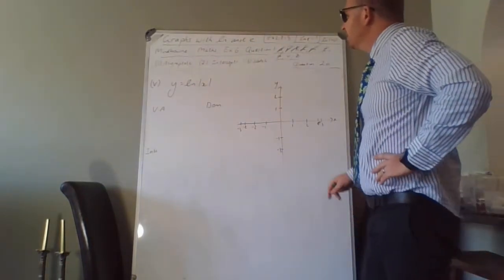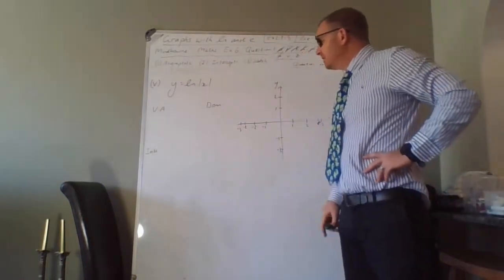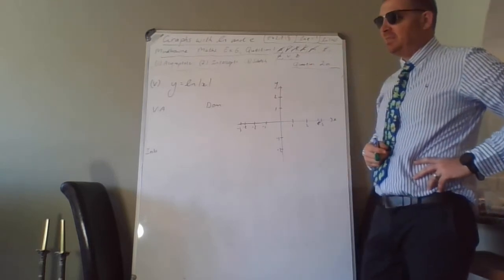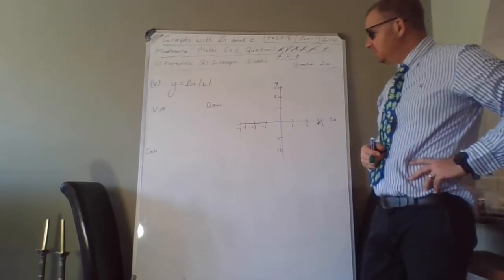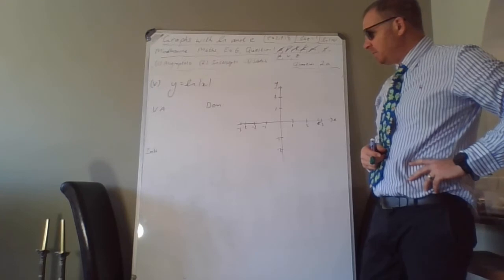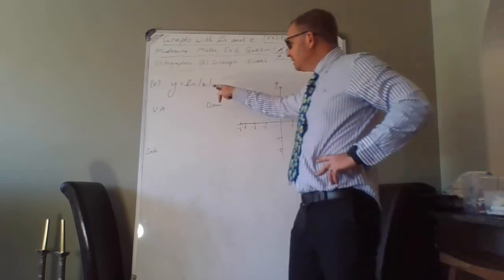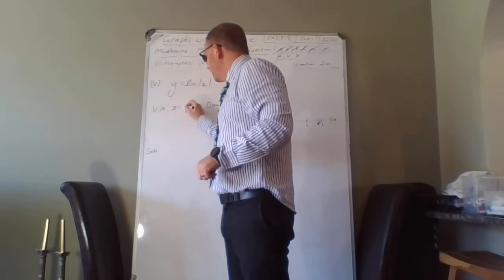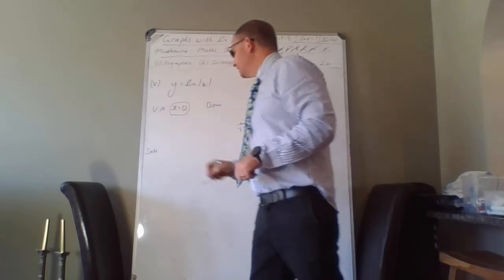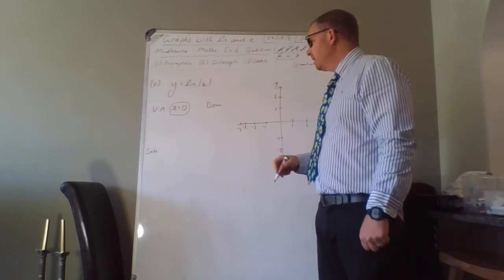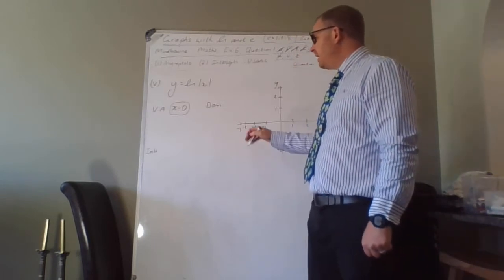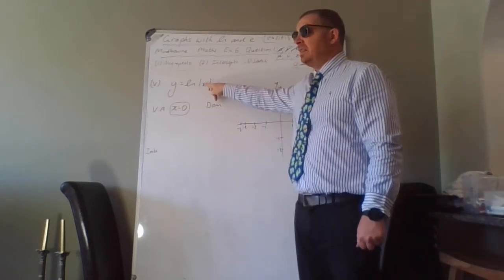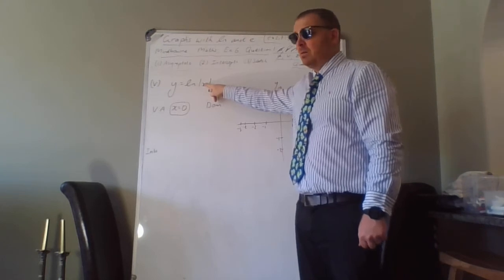So, the next one doing is V. Sketch y is equal to ln absolute value of x. Again, if you just look at the vertical asymptote and the domain, things become pretty clear. So the vertical asymptote, well, what goes into a log function can't be equal to 0. So your vertical asymptote is x is equal to 0. And the domain, well, anything that you put in there is going to end up being positive, right?